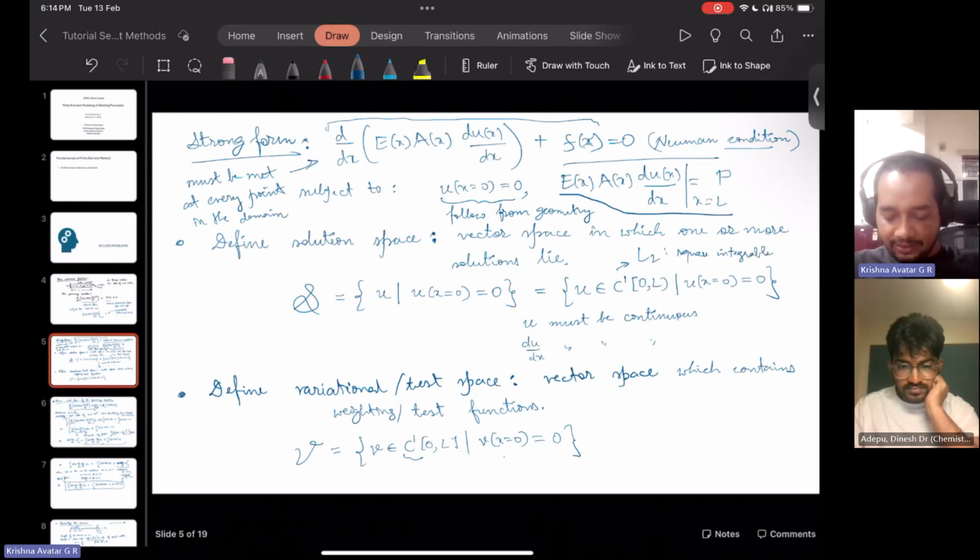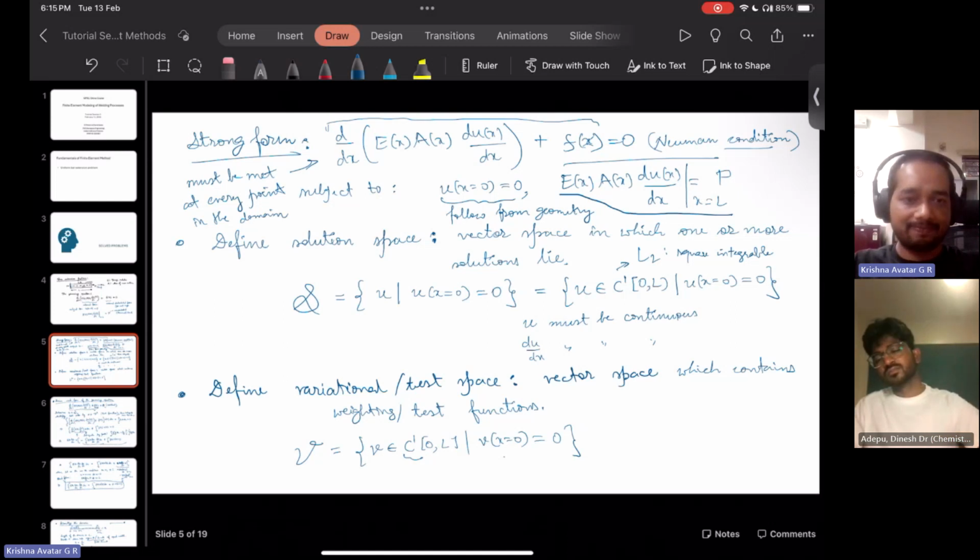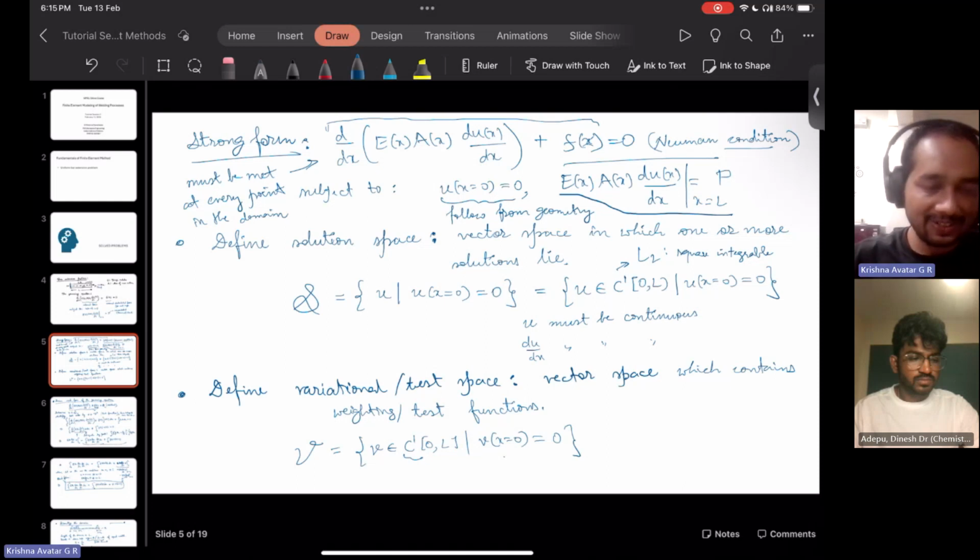In square integrable functions, the stringent requirement that the derivatives must also be continuous is no longer required. So it's a relaxed version, which means that we are considering more functions whose first derivatives may not be continuous. We'll discuss it as we go on.